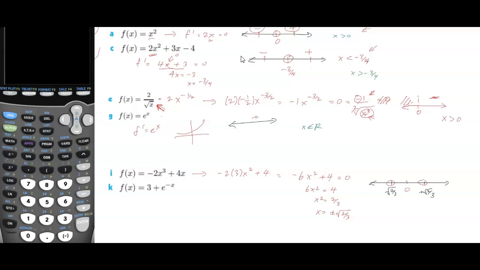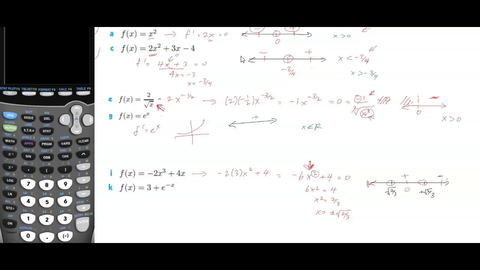If we put 0 into here, we're going to get a positive number out. We'll get positive 4. So we'll have an increasing function between those two critical points. If we put a big positive number like a billion in here, it's going to be negative 6 billion. So it'll be decreasing here. If we put a big negative number like a negative billion here, it would be a positive billion squared, because the negative would cancel out with the squared.